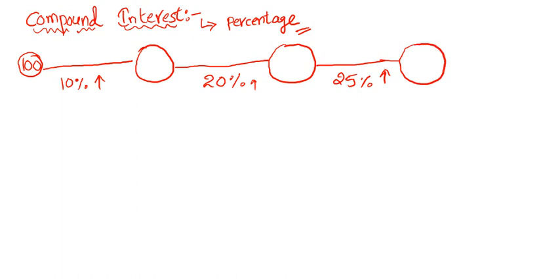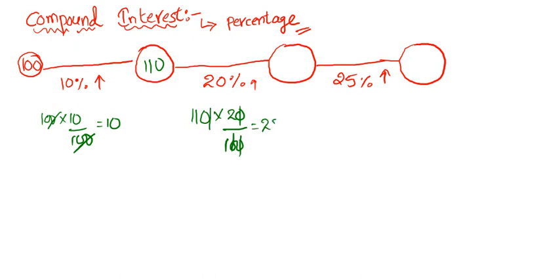So here the 100 of 10% is 10. Now it will become 110. Again 110 of 20% is 22, means 22 plus previously 110. Now it will become 132.